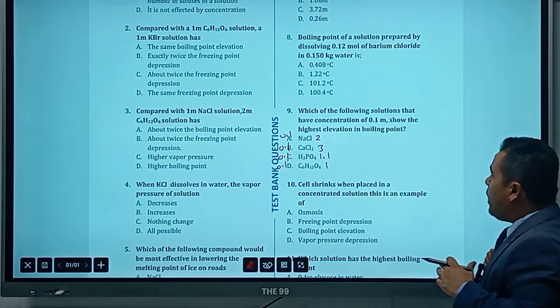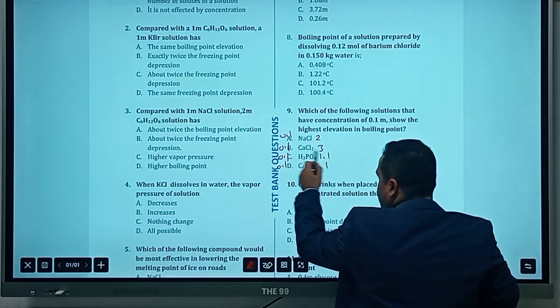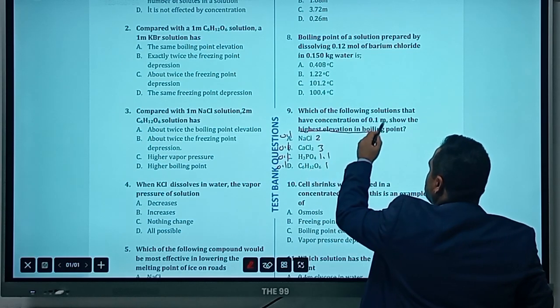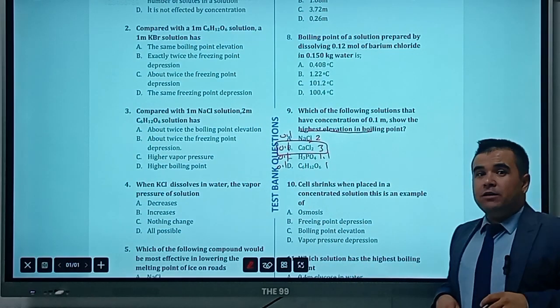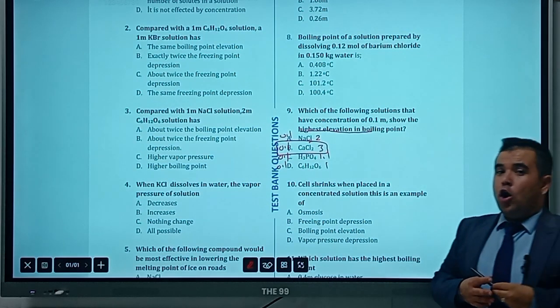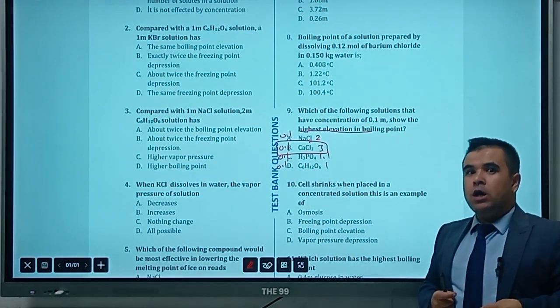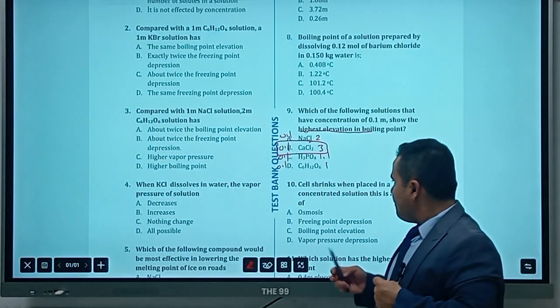Of course, the one with the higher ion factor, and we multiply by the concentration, will have the highest elevations. But if it requires the freezing point and vapor pressure, of course the one with the lowest ion factor and concentration has the highest vapor pressure and freezing point as well.